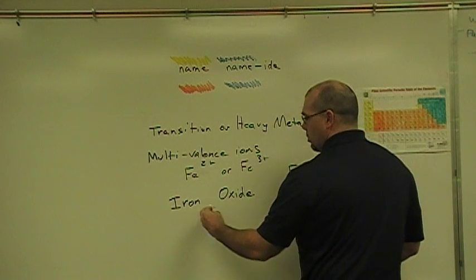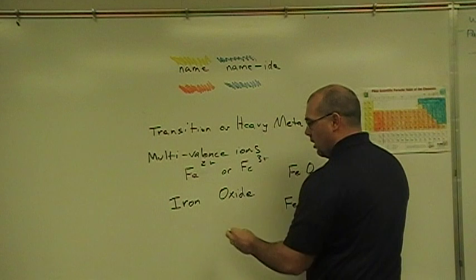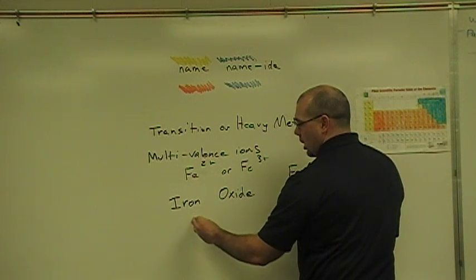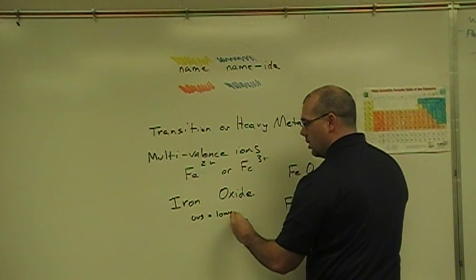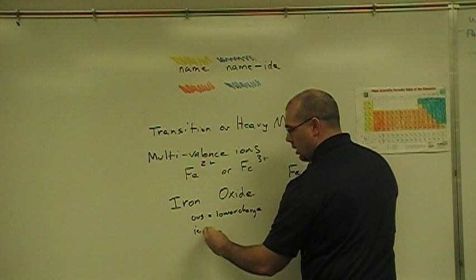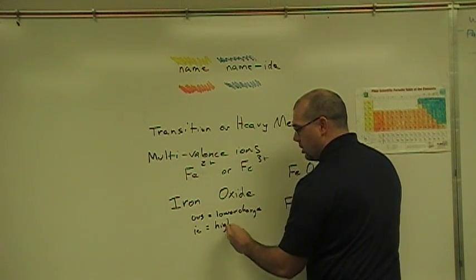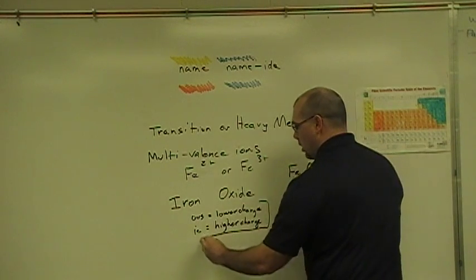Now, once upon a time, and even on some chemical labels you'll still see, what they would do is take the old name and use -ous for the lower charge and -ic for the higher charge. Okay?